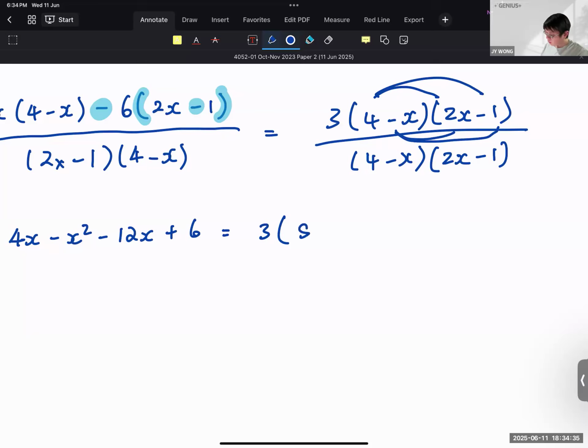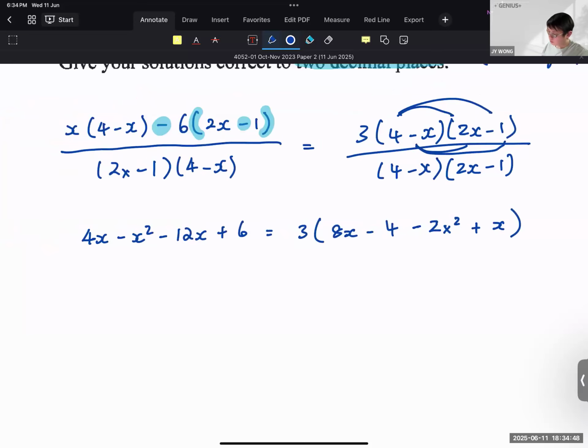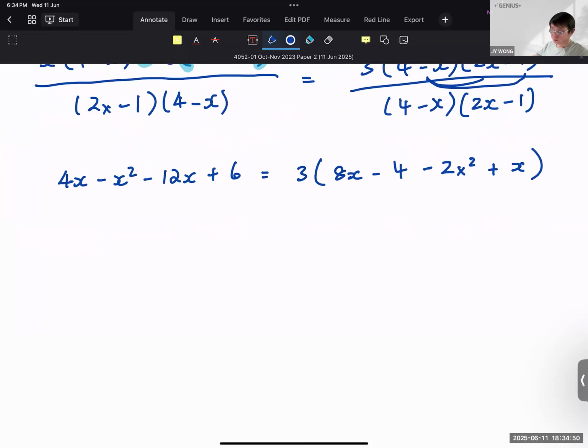Right? So you will get 8x minus 4 minus 2x squared plus x. All right? And then from here, what do I do? Simplify everything first.